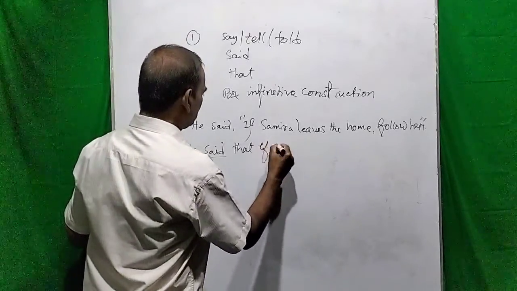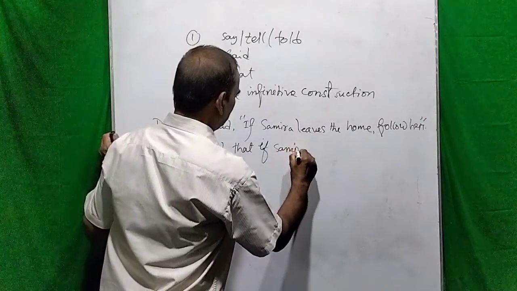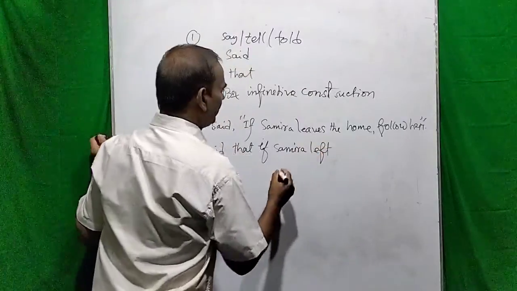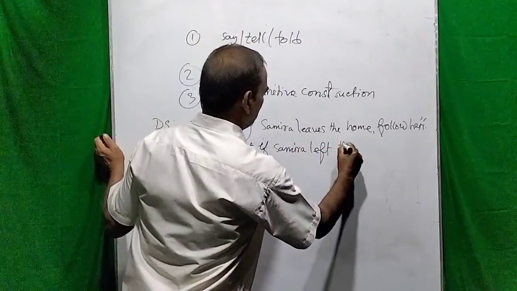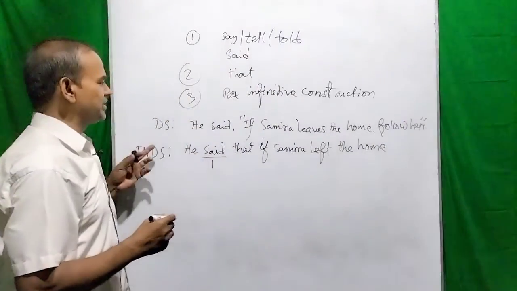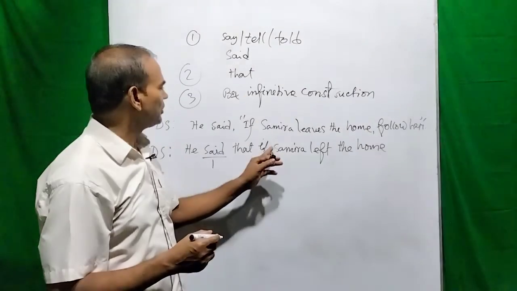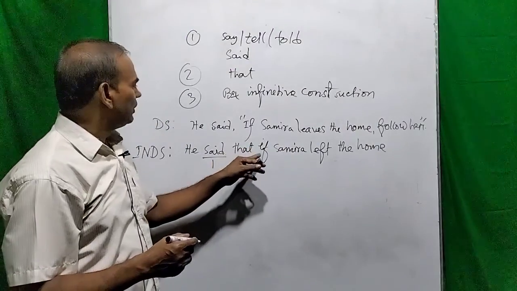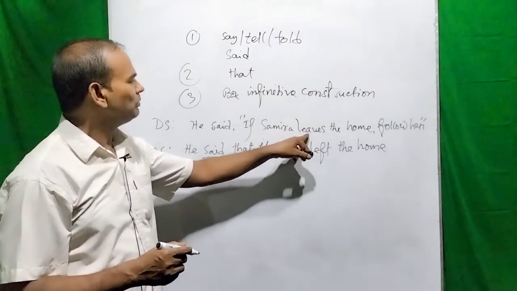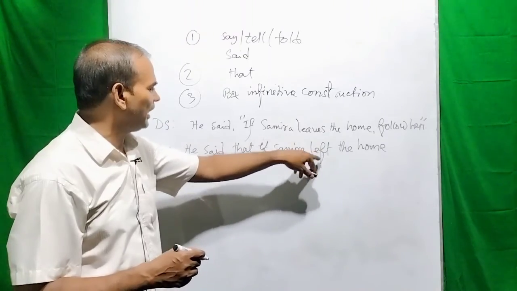If Samira left the home. I think you have understood how I have changed the narration, because after if I have set the subject, and the present form leaves has been changed into left.